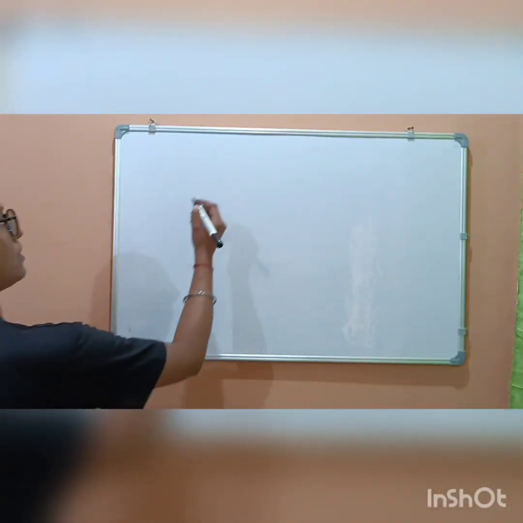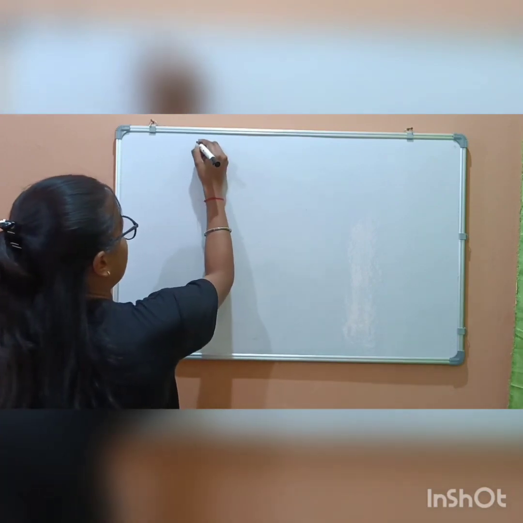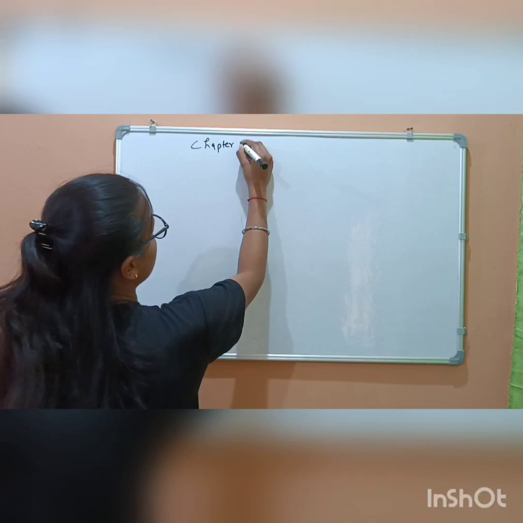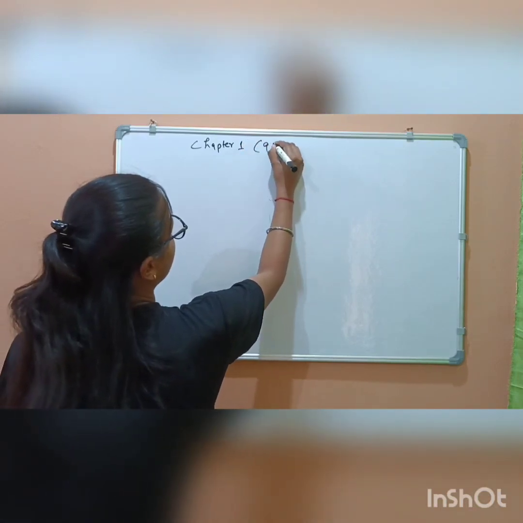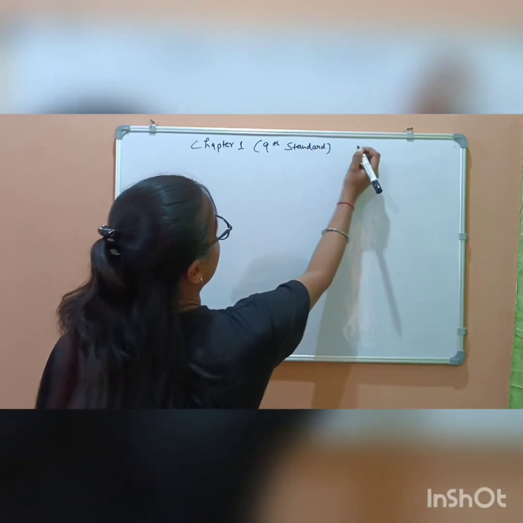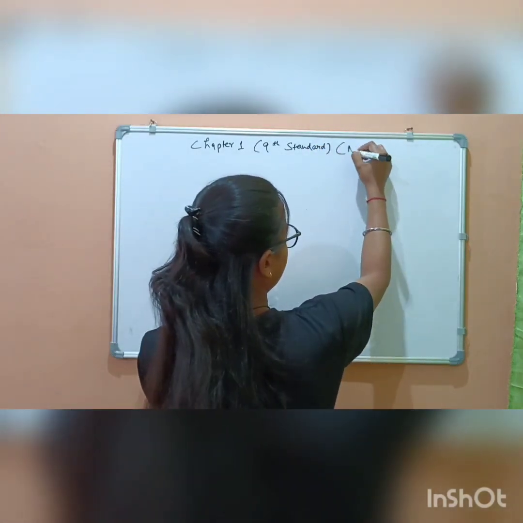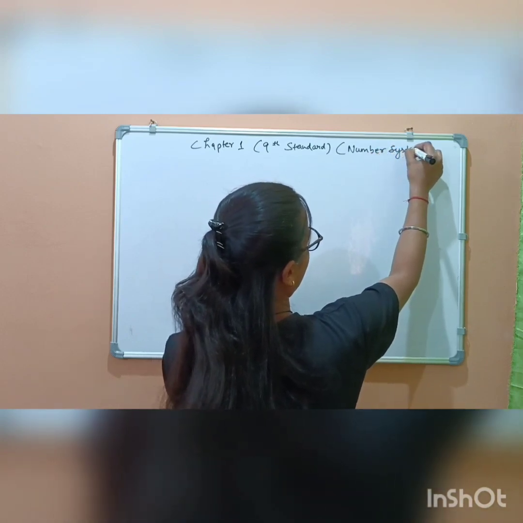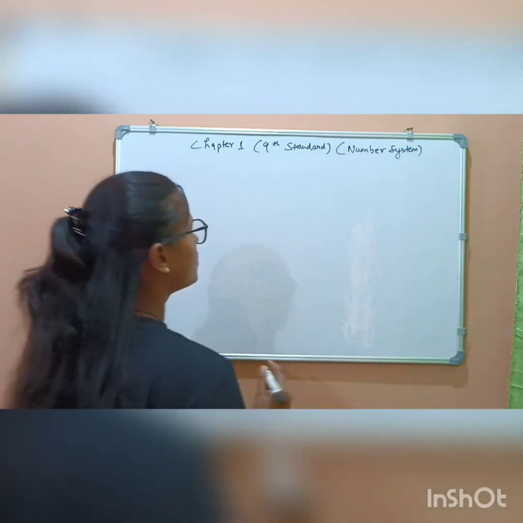So chapter first, ninth standard, that is number system. What are numbers?